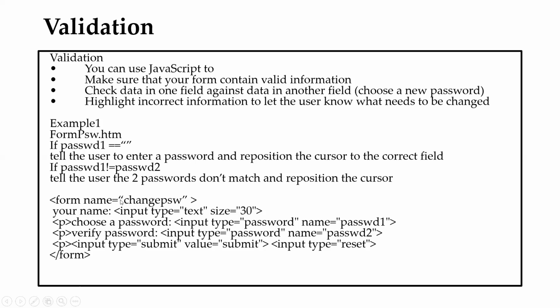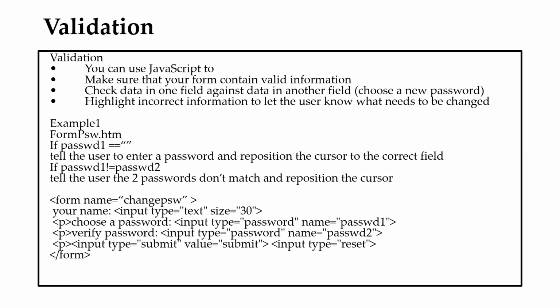For example, in this example we enter a password, password 1 and password 2. How do we check whether both the passwords are the same or not? So, confirm password and password 1. To create that form, the name of the form is changePassword.